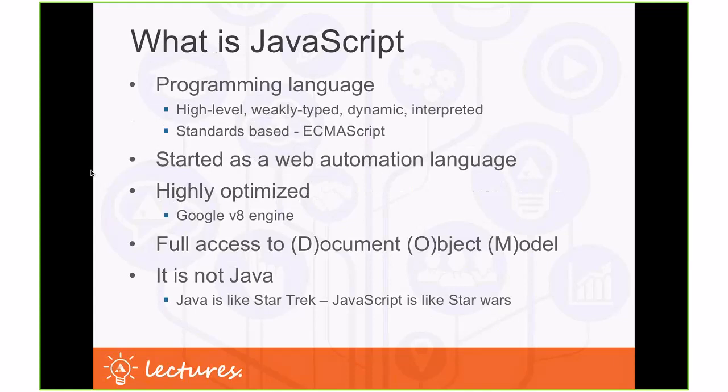So what is JavaScript? It's a programming language. It was started as a way to automate web pages in web browsers. It's very high level, and it is very forgiving with types, it's a very forgiving language.